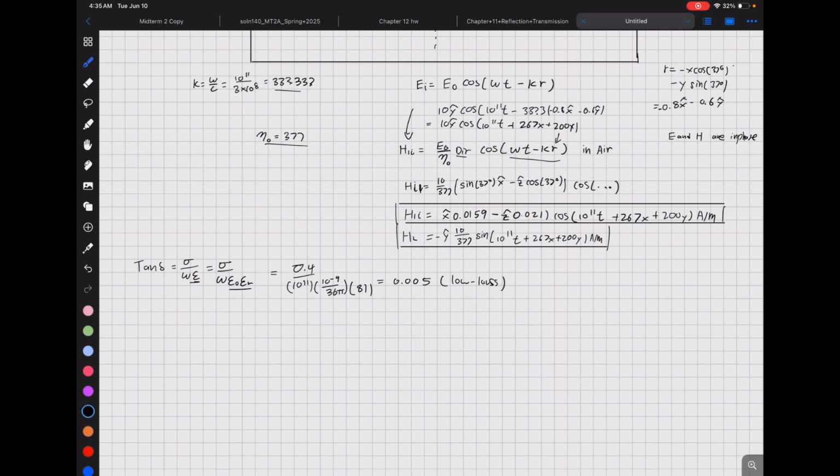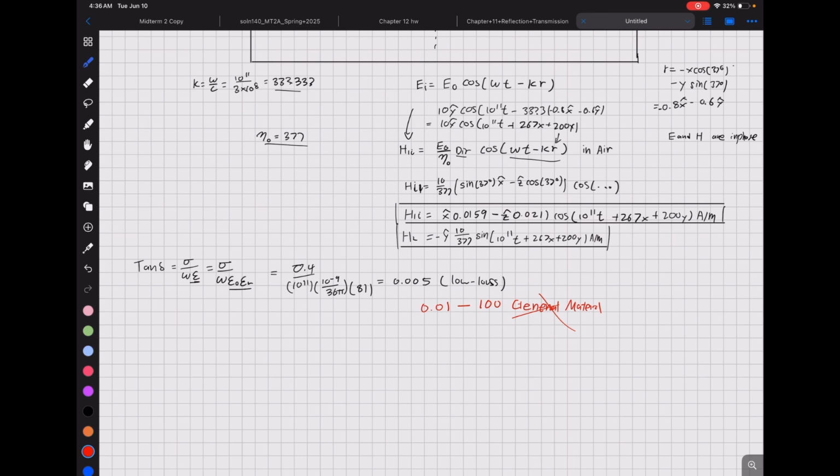It's important to know that when doing problems like these, it is never in between 0.01 to 100. We do not work with general materials in this class.